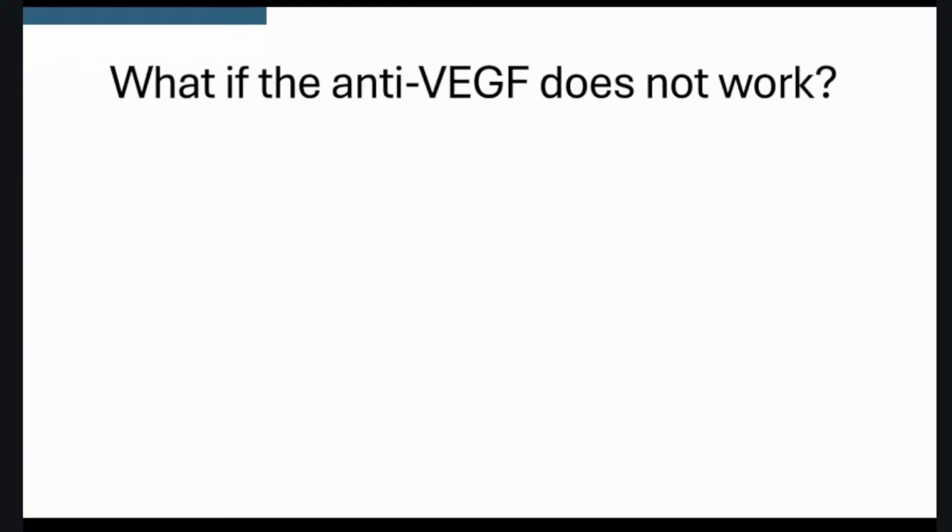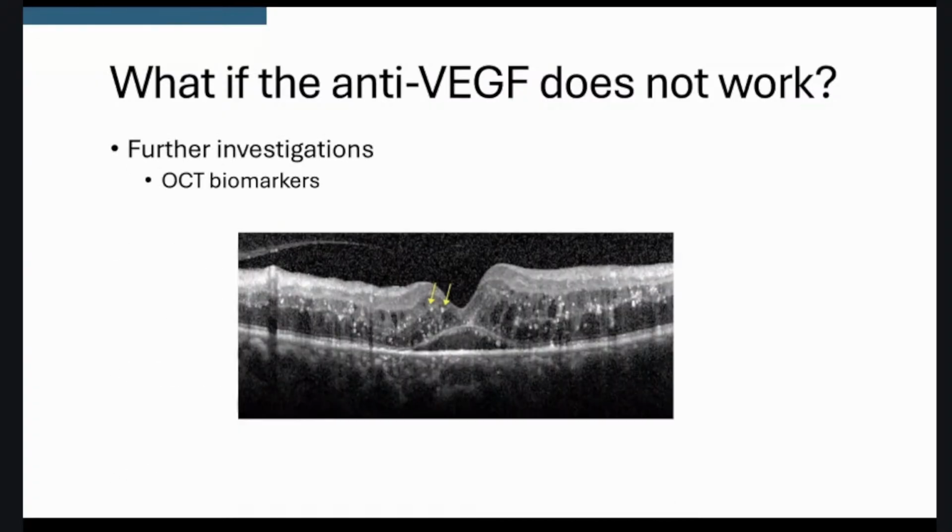If the anti-VEGF doesn't work, we also may need to investigate the patient further. And one of the things that we should be looking at, if we've done that OCT, is the biomarkers. There's a lot of work that is going into OCT biomarkers. And on this picture, you can see those yellow arrows pointing at hyperreflective foci. And you can see this patient also has some subretinal fluid.